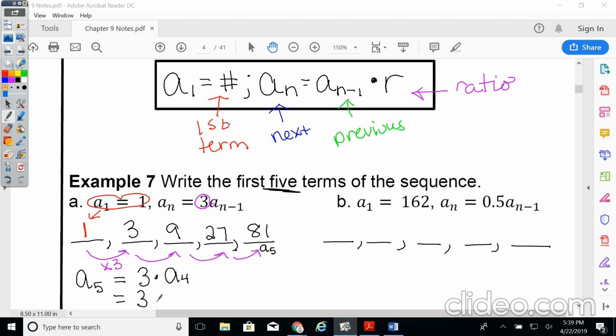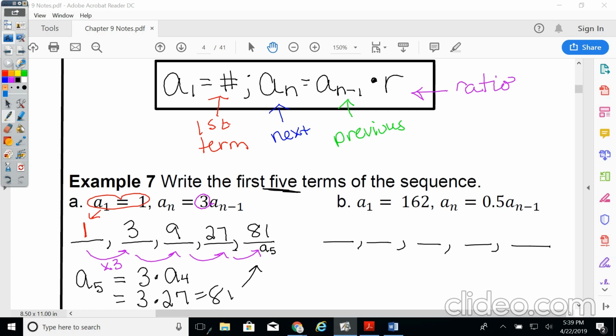In our sequence, 1, 2, 3, 4, that is 27. And 3 times 27 gives us the 81 that we got there. That's just the proof of how we get the number using the recursive formula.